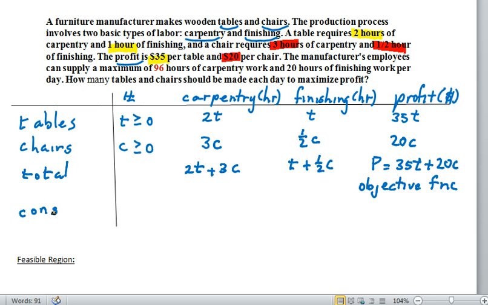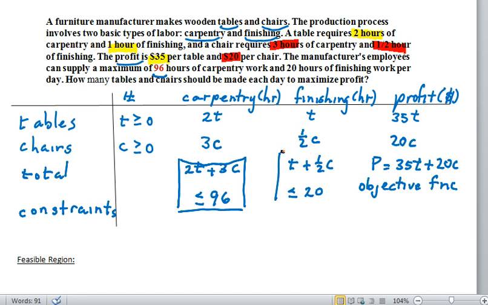Now we come back to constraints, since there are some additional constraints here. Carpentry work is limited to 96 hours per day and finishing to 20 hours a day. So we have 4 constraints, the 2 new ones together with the 2 default ones.